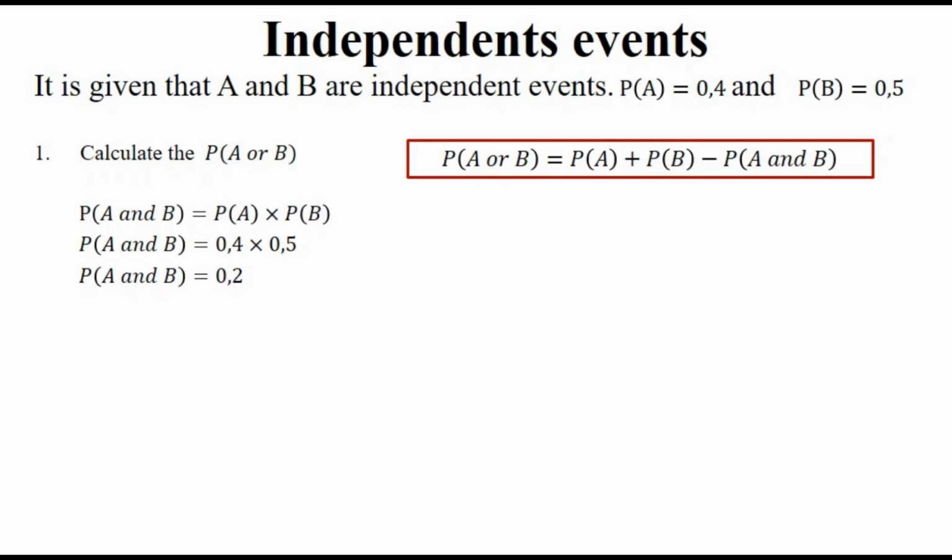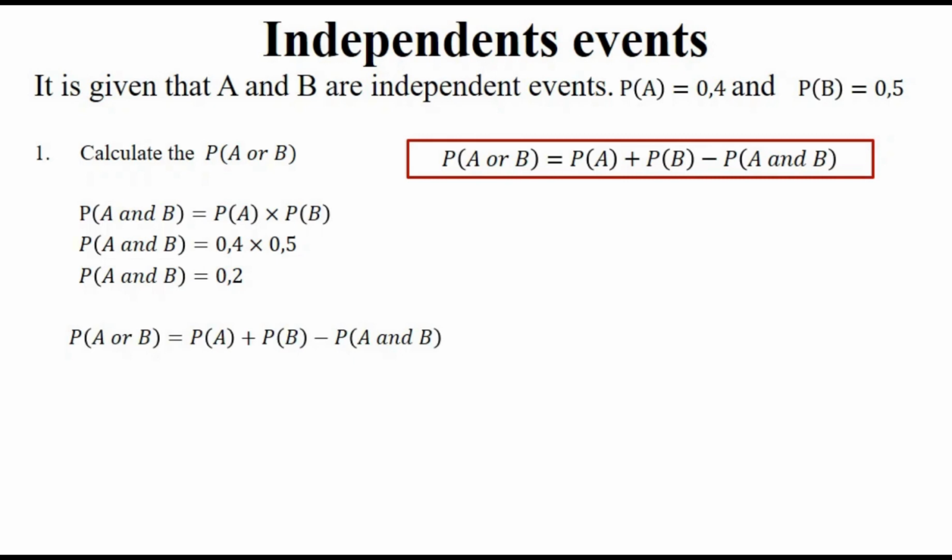Now in this step you can check your equation. Probability of A or B is equal to the probability of A plus the probability of B minus the probability of A and B, which we have calculated already. Then let's move on. Now we come to the full equation.